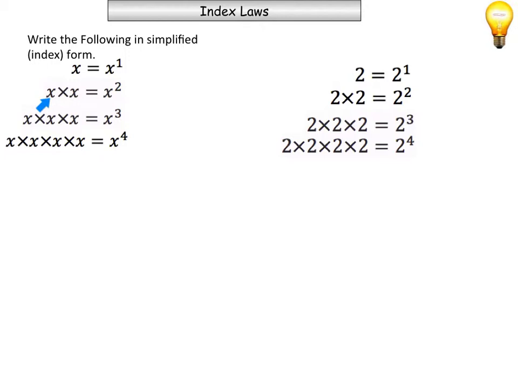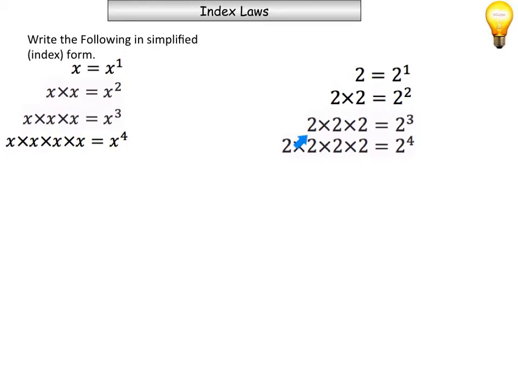And if we have x times x, or 2 times 2, then we have x to the power of 2, or sometimes called x squared, or we have 2 squared. If we have x multiplied by itself 3 times, then we have x to the power of 3.